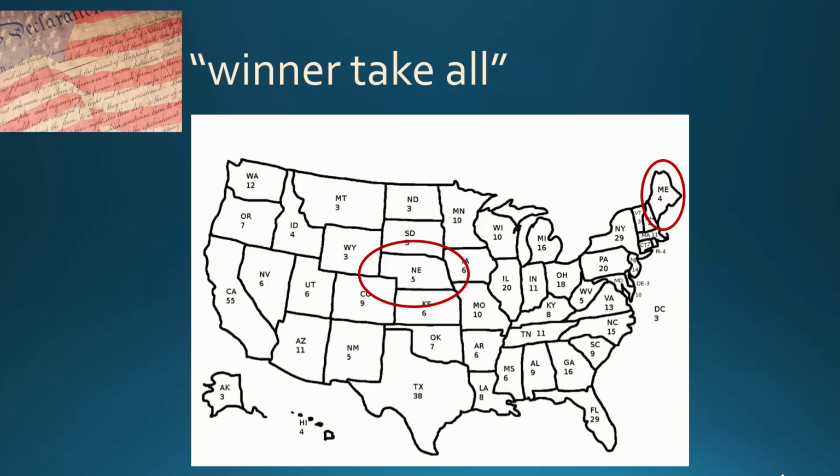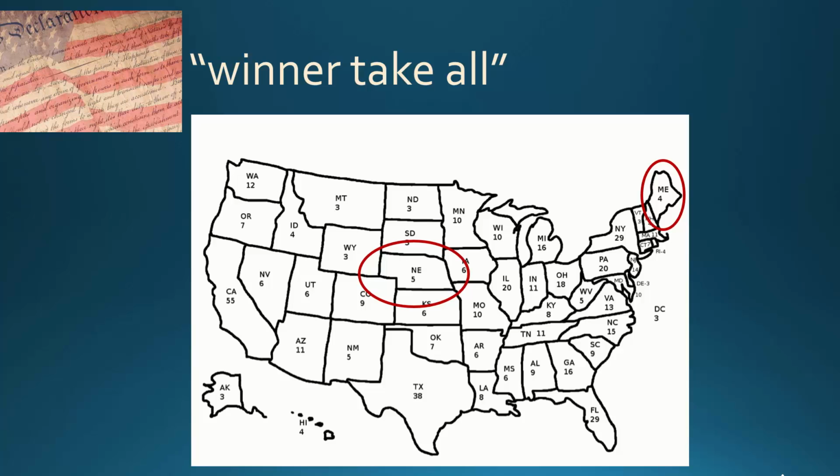So, using Maine as an example, they have 4 Electoral College votes. Say, and we'll make this really easy, that a candidate gets 75% of the vote in the state of Maine. He will get 3 of the 4 votes in Maine, and the other candidate will get the 1 vote.